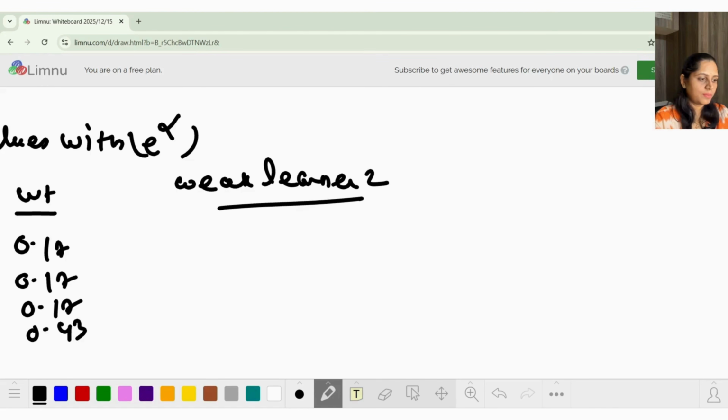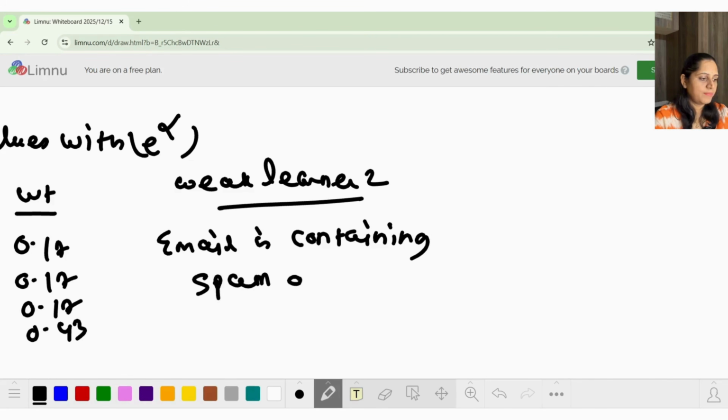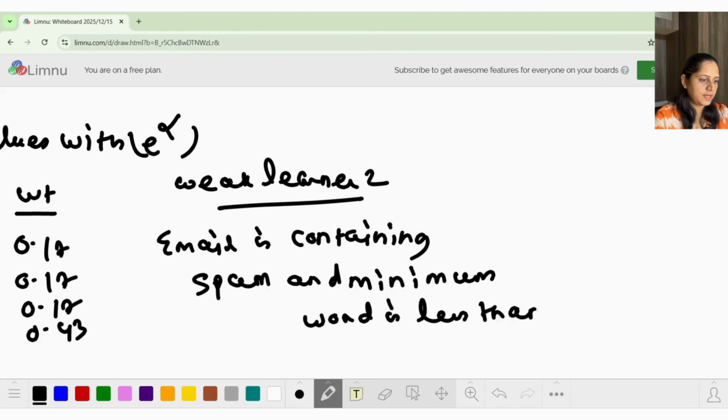So suppose my new rule says that if my email contains spam and the minimum word count is less than 5.